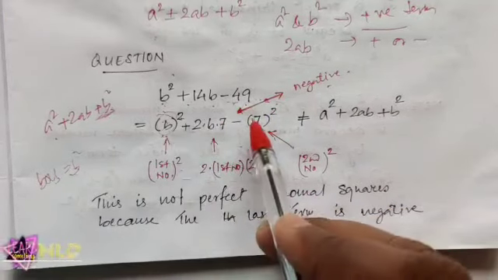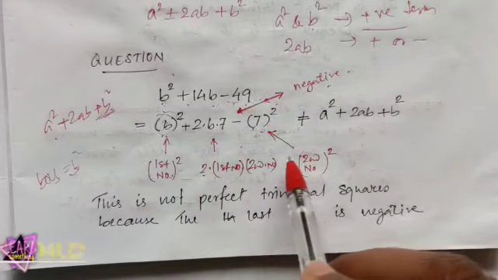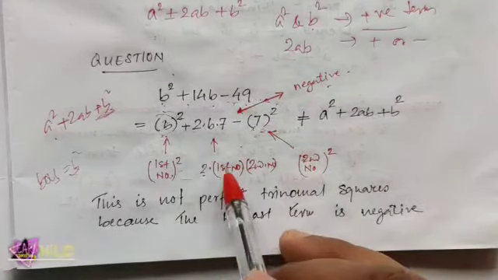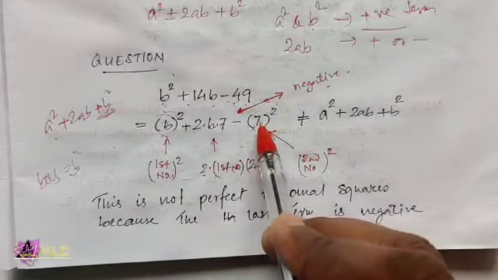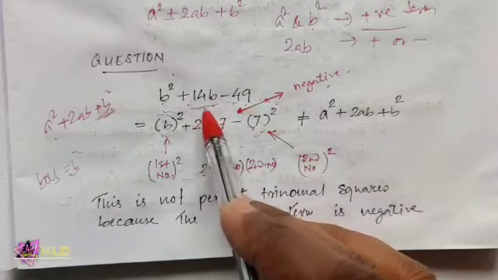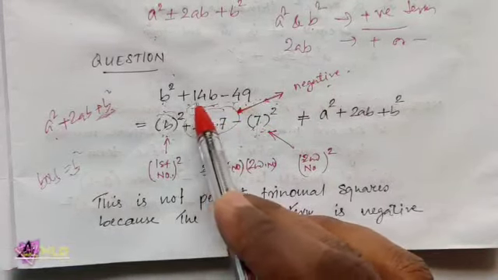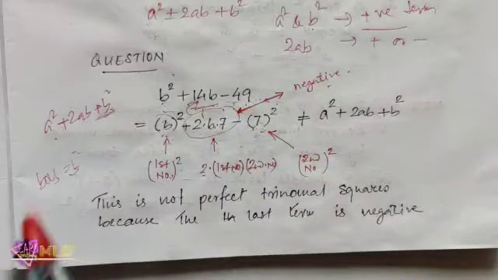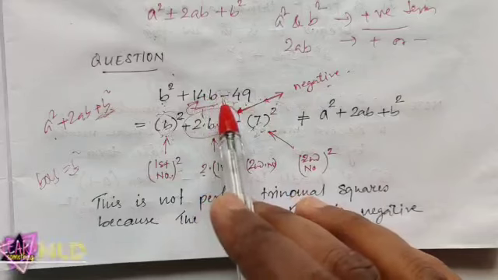So we have the first term and the second term, and for the middle term you multiply 2 with the first term and the second term. So 2 into b into 7. The middle term we get here matches the given question. That means everything is okay except this minus; it should be plus.